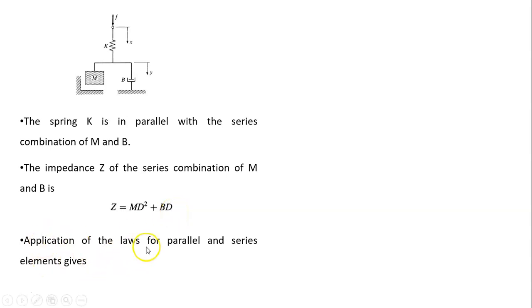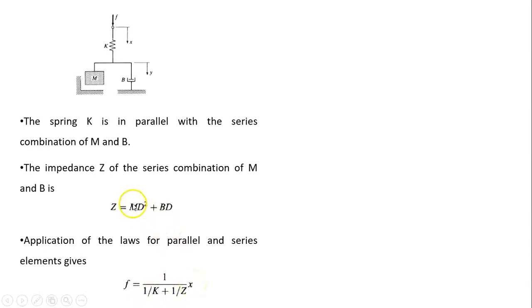Therefore, application of the laws for parallel and series elements gives F is equal to 1 divided by 1 upon k plus 1 upon Z, into x. Because this Z is there, this impedance will be in series with spring k, and that's why we have written this.